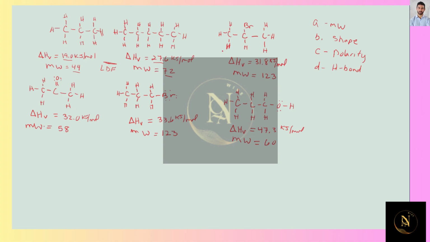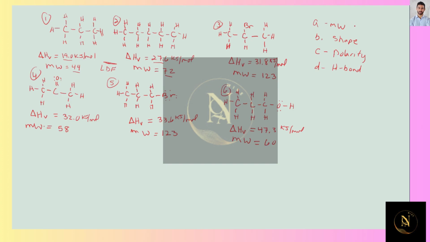So if we compare molecules, let's number them: this is 1, 2, 3, 4, 5, and 6.